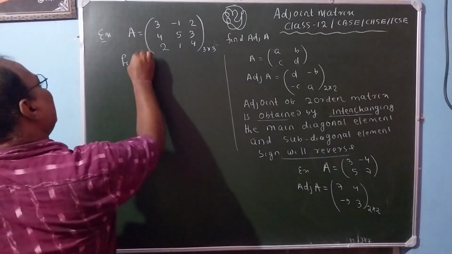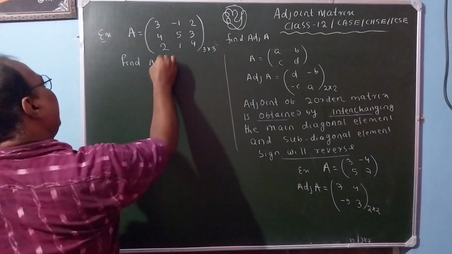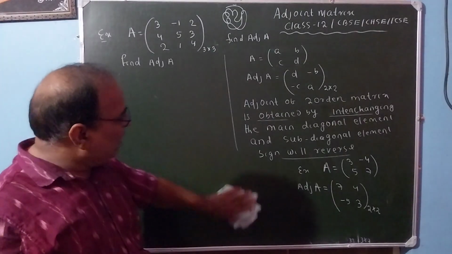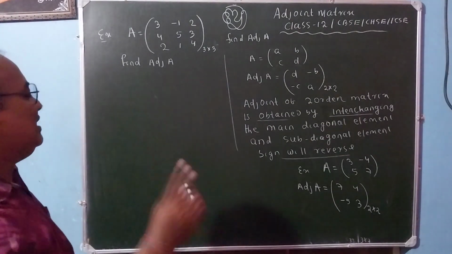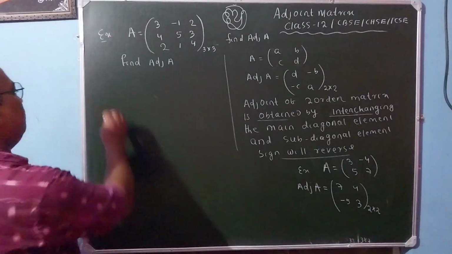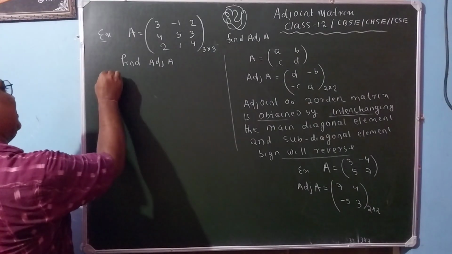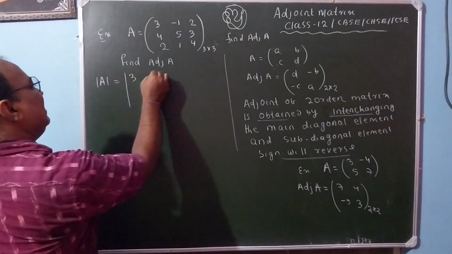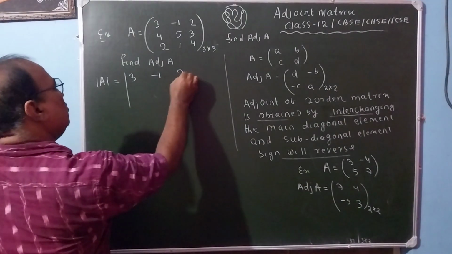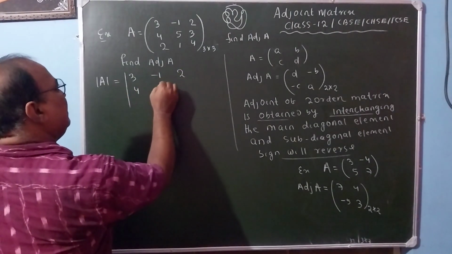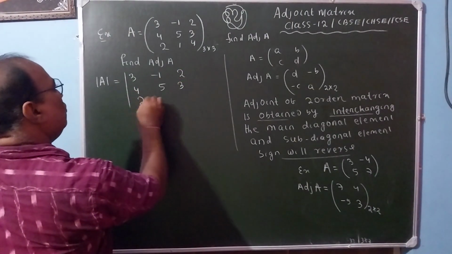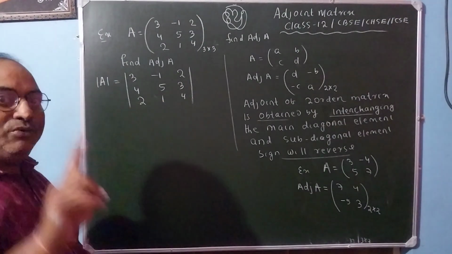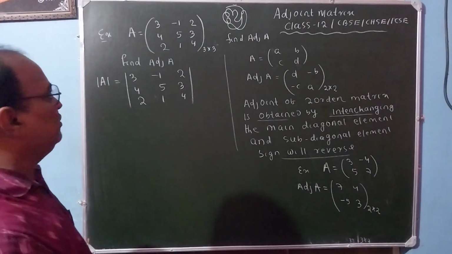Find adjoint of A. Question is find the adjoint of A. First of all, you have to consider the determinant of A. Write out, it is the determinant of A: 3 minus 1 2, 4 5 3, 2 1 4.